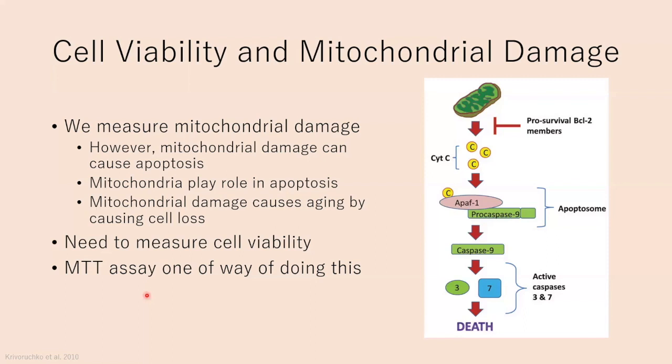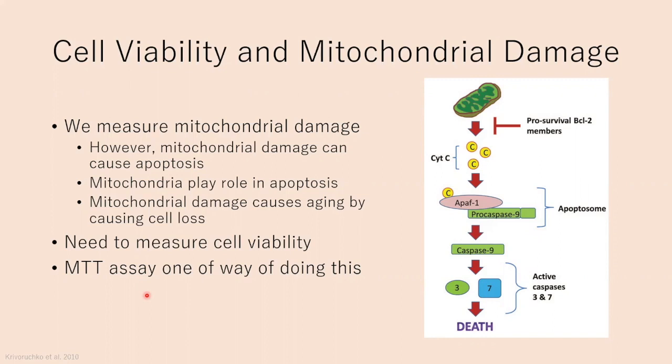They had this mutant mouse model, and they found that the mice aged much more quickly and exhibited aging phenotypes much earlier than the control mice. And so they looked at the cells in the mouse and measured mitochondrial damage. They found, however, that there weren't that many cells with mitochondrial damage or mitochondrial mutations in the tissues they measured.